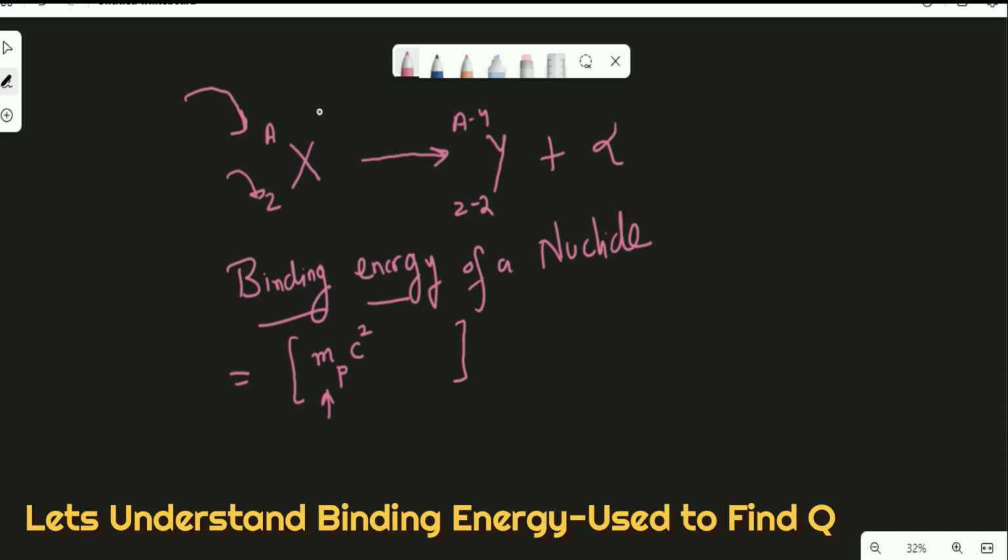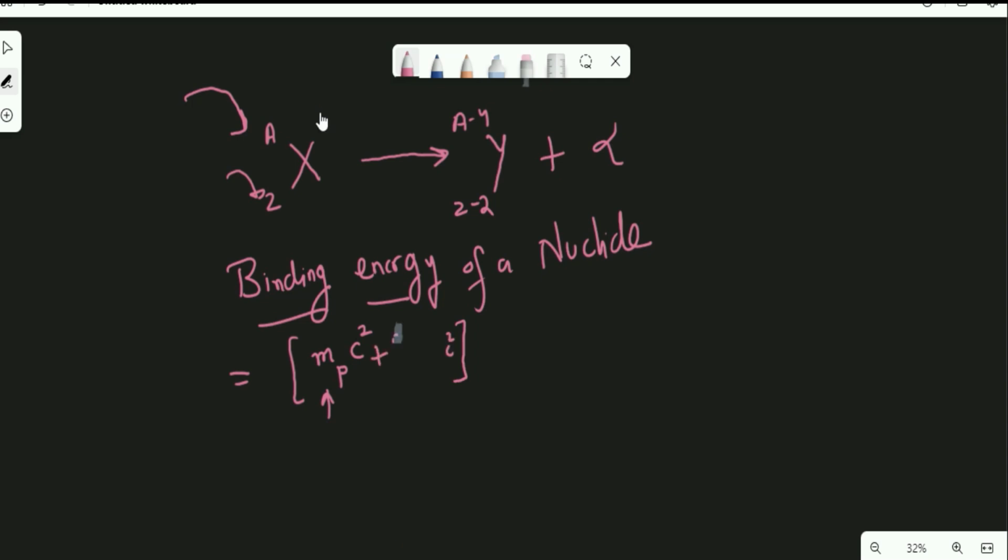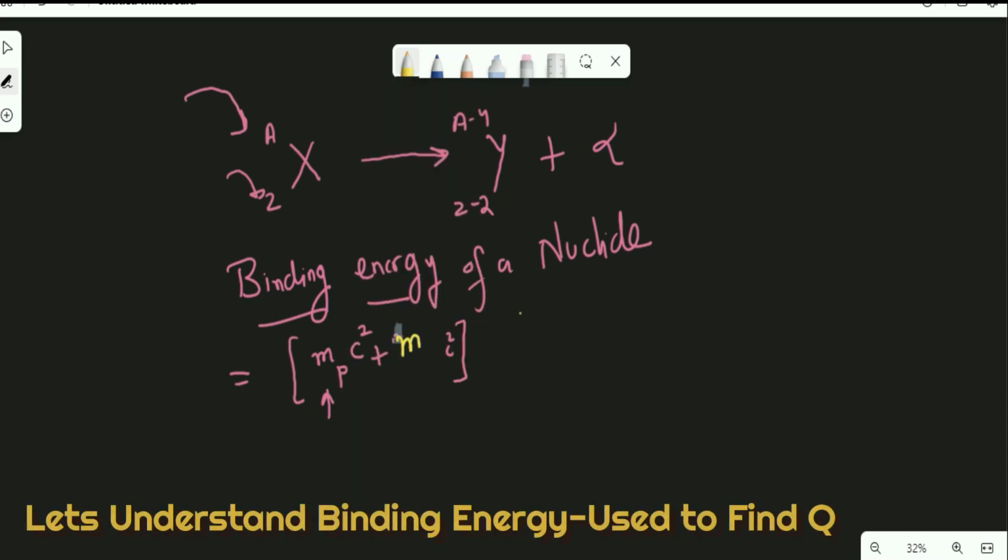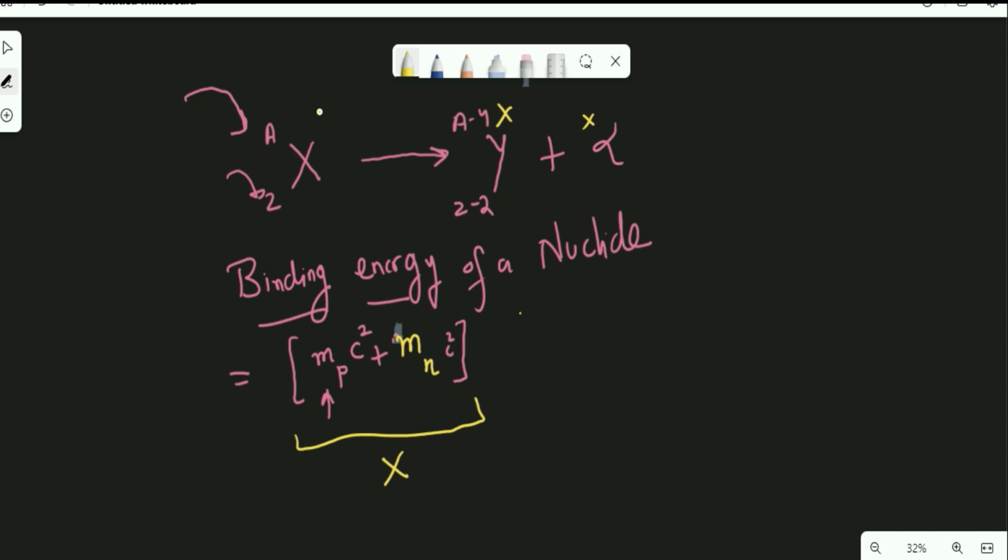And then you have how many neutrons? So we will write the number of neutrons. This is the mass of all the neutrons individually in X. I'm writing the X only. We are just referring to the X. So this is the total rest mass energy of the nucleons inside X.